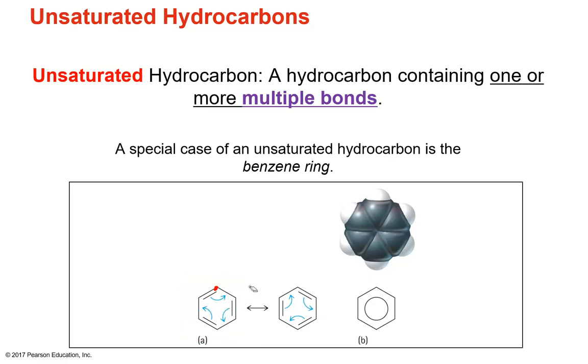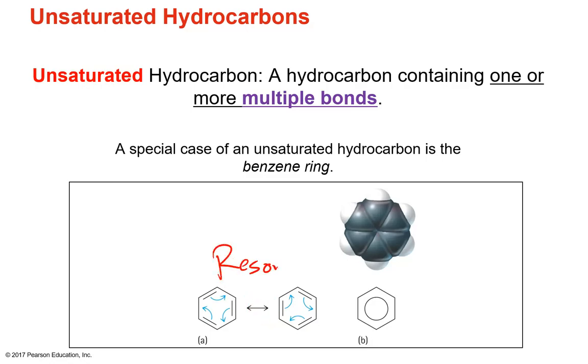Now, what's the difference between these two structures? Their arrows are pointing in different ways. Actually, they're not hexane, because hexane is not a ring. It's not the hydrogens, it's that the double bonds are in different places. And so this is called resonance.